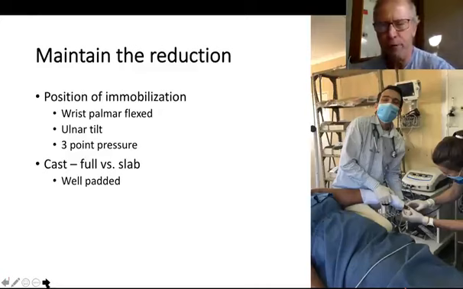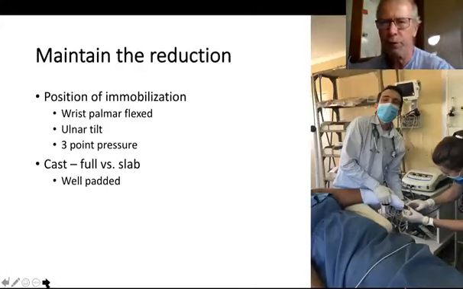So I'm holding the middle finger because it's away from where the plaster is going to be, and I'm holding above where the plaster is going to end. In other words, it's basically the elbow. So I've got one hand supporting the elbow, and the other hand that's basically pulling on the middle finger. Okay, so I'm holding my reduction like that, and then somebody else is putting the plaster on. Now, whether it's a slab or whether it's a full plaster, I think you must make a call.